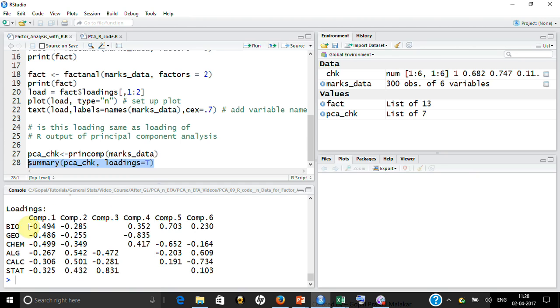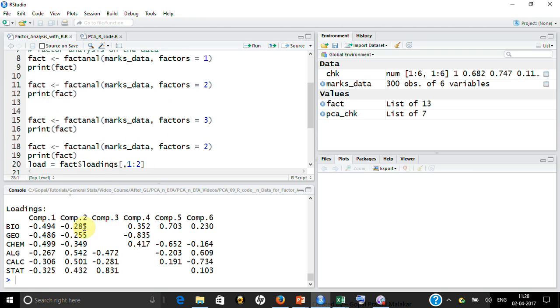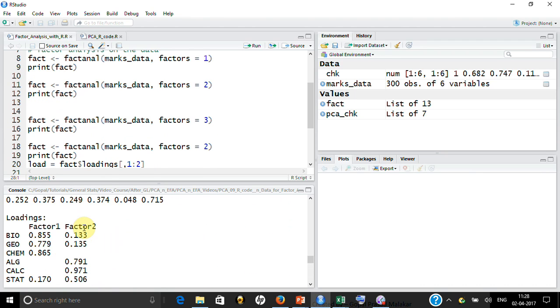If you recall, minus 0.494 into bio standardized, minus 0.486 into geo standardized, all those things will give you component 1. Whereas in factor analysis, it is nothing but the coefficient of correlation.